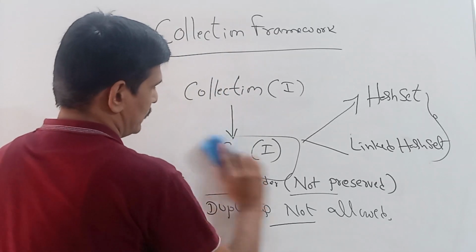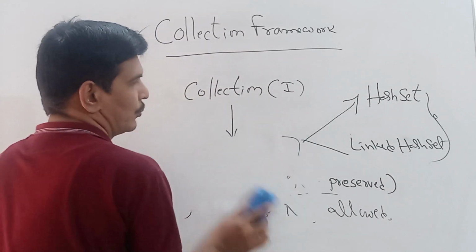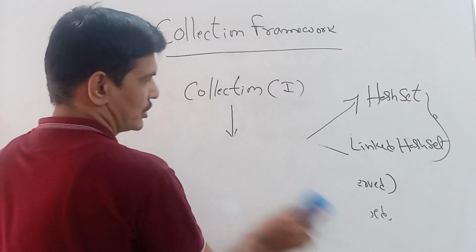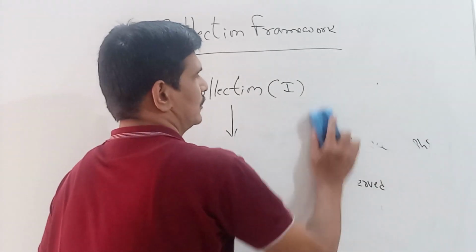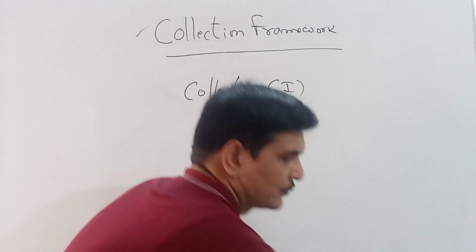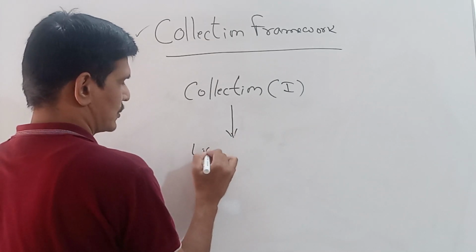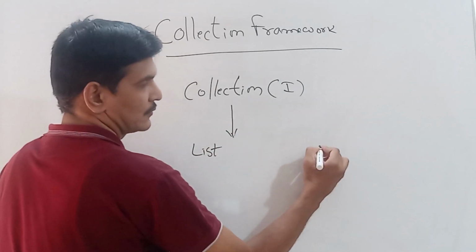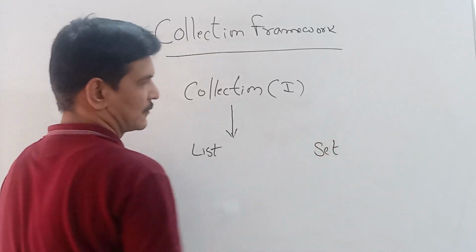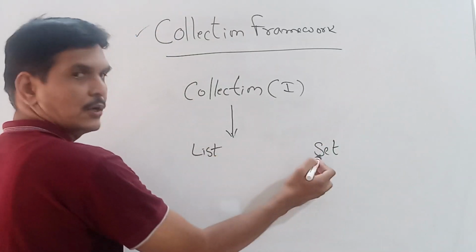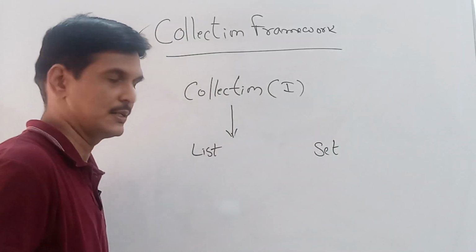So far we have discussed two main interfaces which are child interfaces of the collection interface. The first one is the list interface, the second one is the set interface. These two interfaces are derived from the collection interface itself.